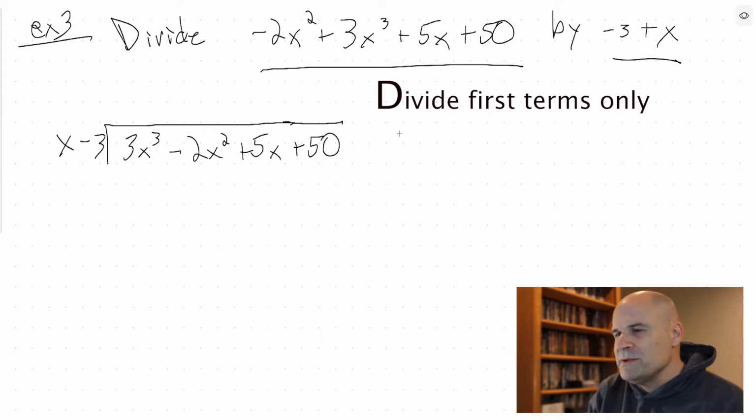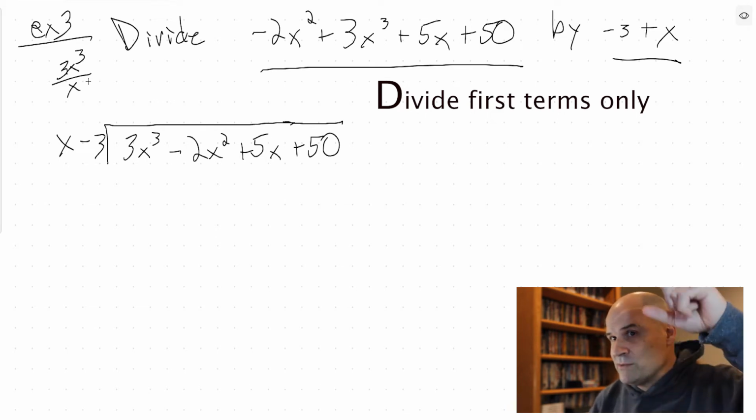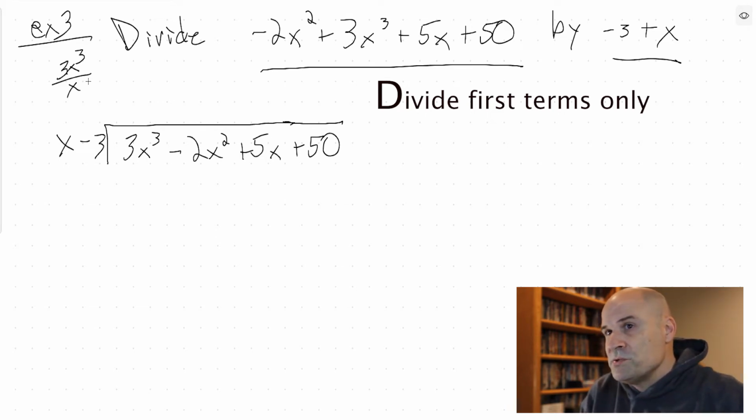So the only thing we're doing right now is dividing the first term by the first term. So what's 3x cubed divided by x? That's it. Most of the time you're just going to be dividing by an x. So that means you're just going to subtract 1 from the exponent. So 3x cubed becomes 3x squared when you divide an x out of it.